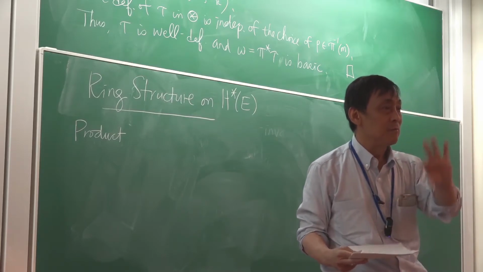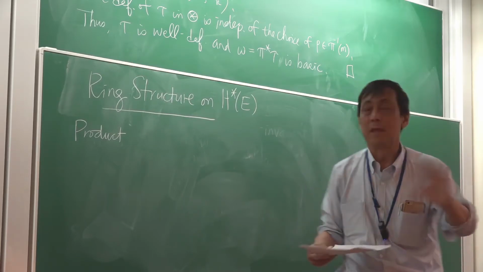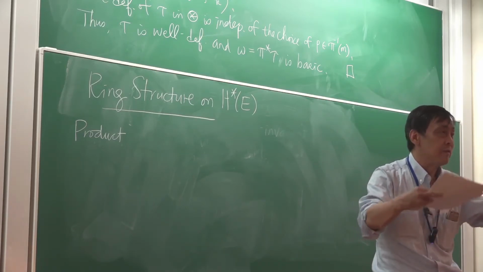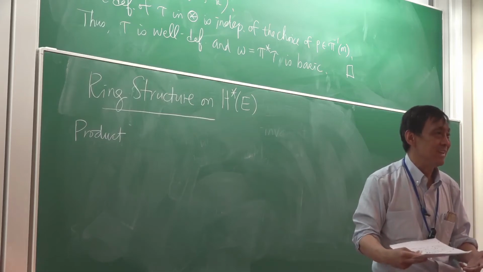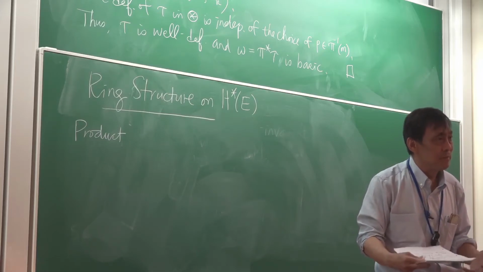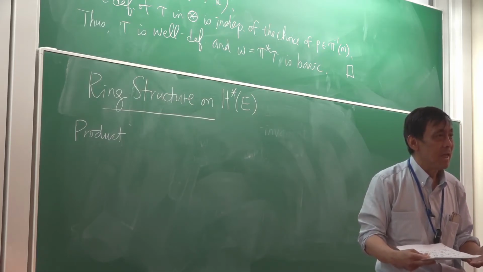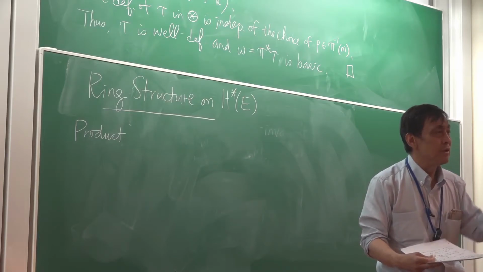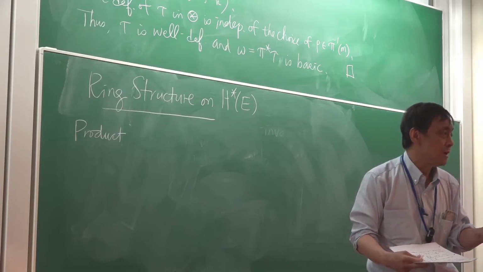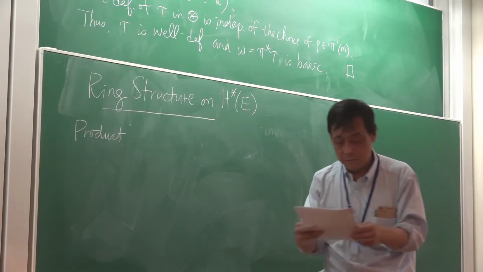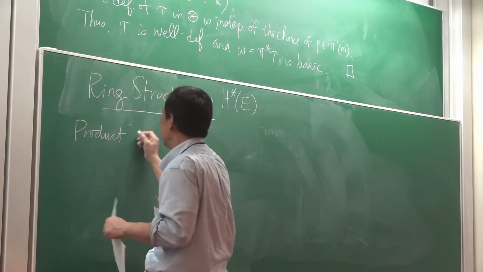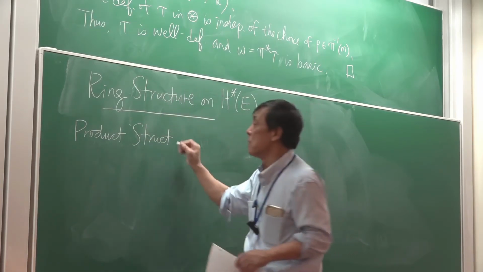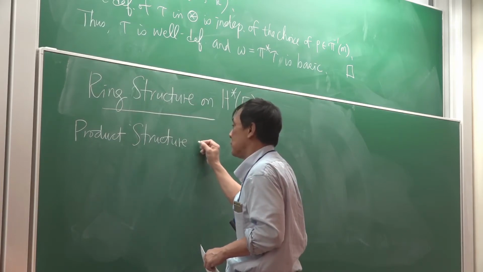Okay? You have a subring, and then you have a quotient ring. And so that product structure will persist all the way to E infinity. Okay? So E infinity has a product structure. And the Leray theorem says that E infinity is the associated graded module of the cohomology of the total space. Okay? And so the associated graded module also has a product structure.